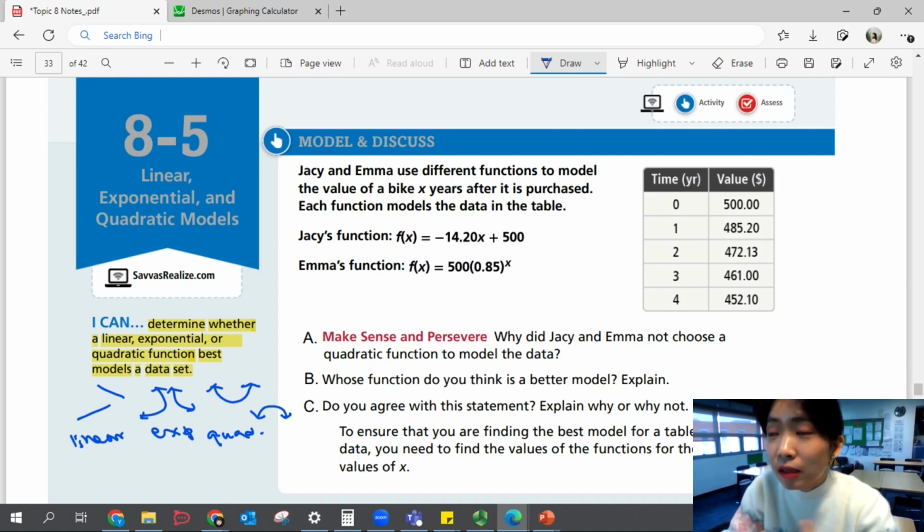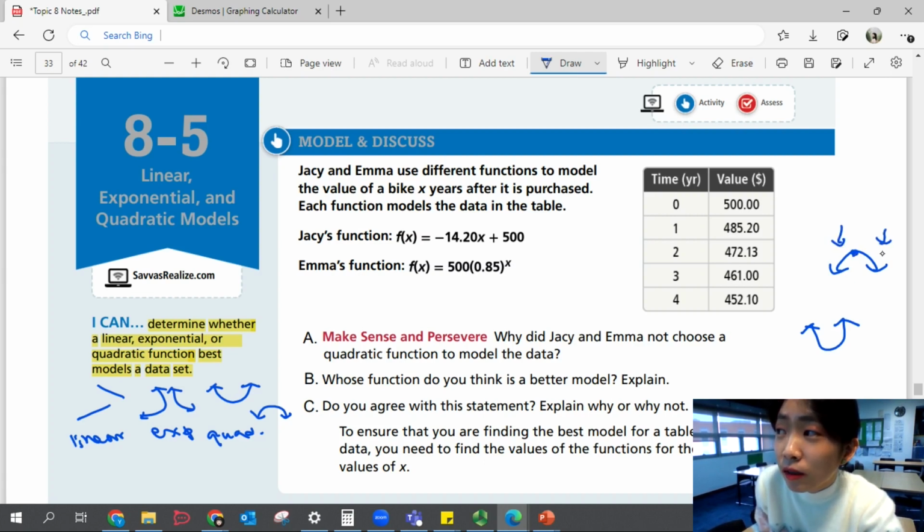It's not increasing at some point, right? So you know for a quadratic function, it has to increase at some point or decrease at some point, where you have both increasing and decreasing in a parabola, right?